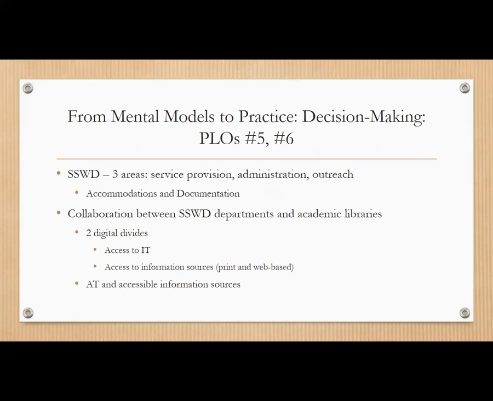The second digital divide, which poses a barrier to participation and access to online information, is an important consideration when, as an example, academic libraries are prioritizing electronic and online resources needed for academic success.